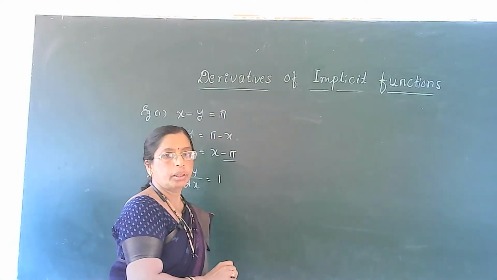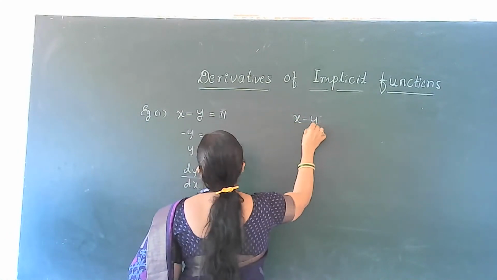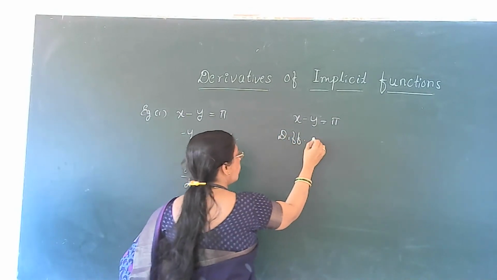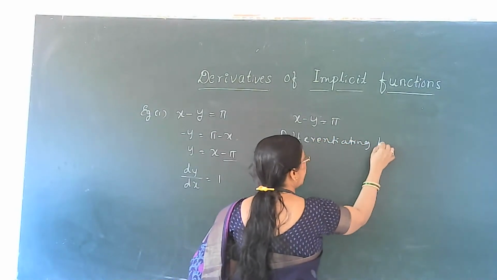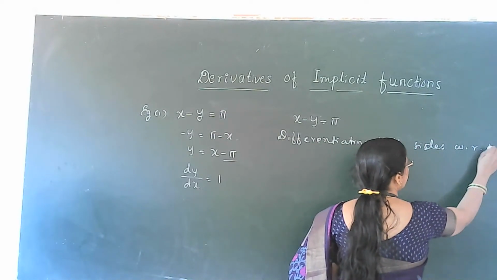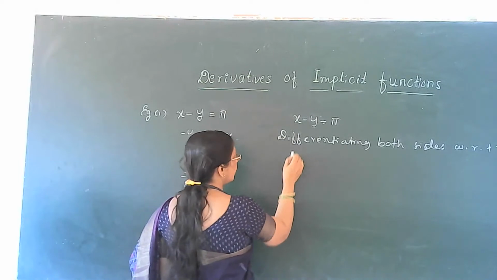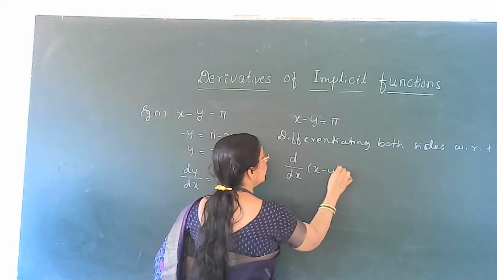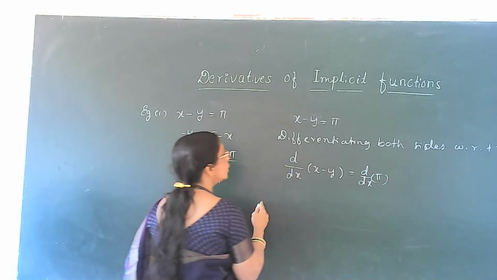Now taking the problem x minus y is equal to 5, differentiating both sides with respect to x, we get d by dx of x minus y is equal to d by dx of 5.